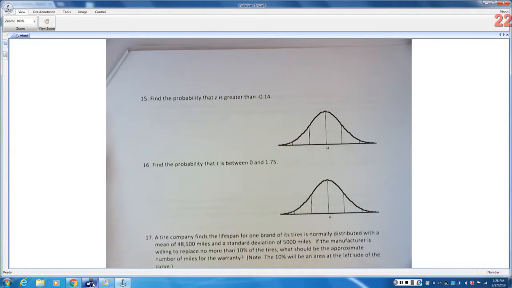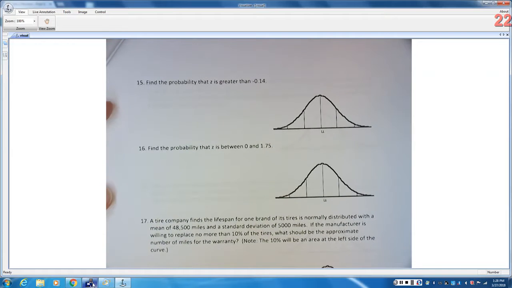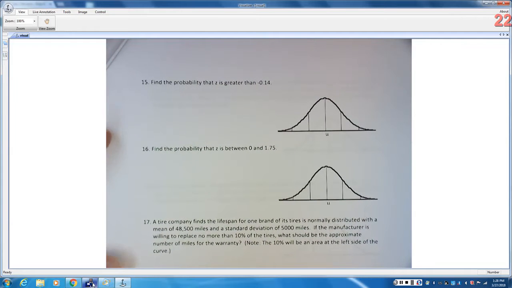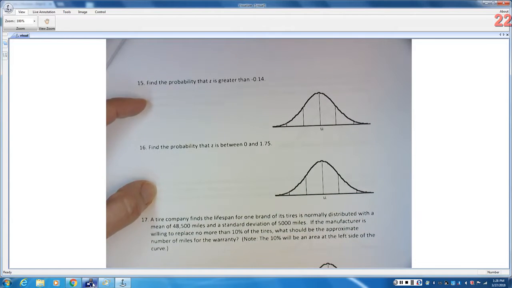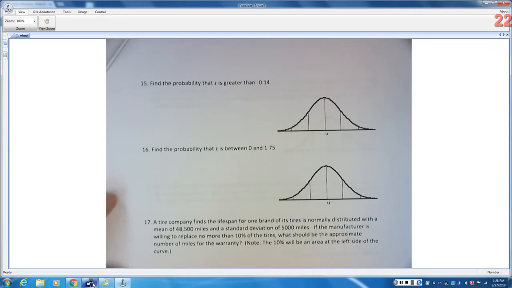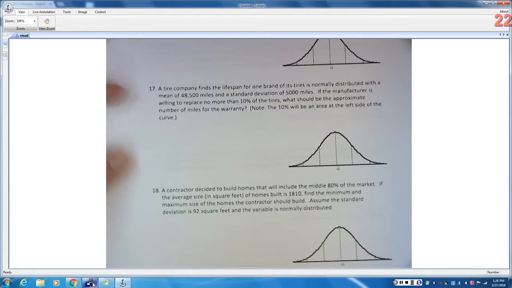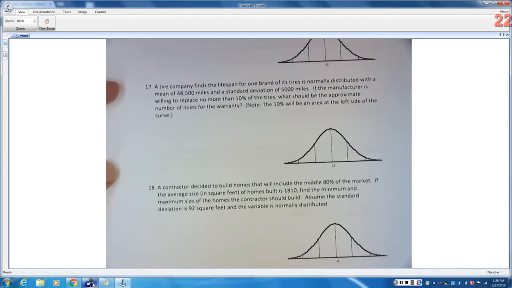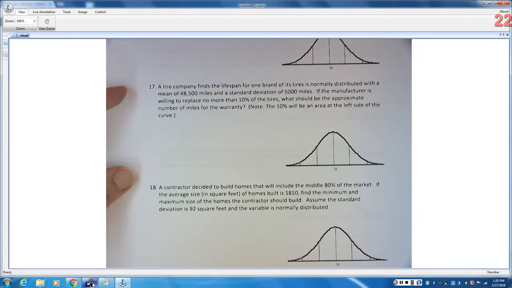This is Z. I've got the solution posted, right? This is just like what we just did, except it's greater than. Does anybody need to see these? Okay. Now on number 17, the test is going to be shorter than this practice test, because I'm not going to test you on three questions on the same thing.